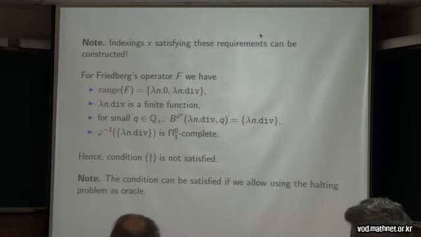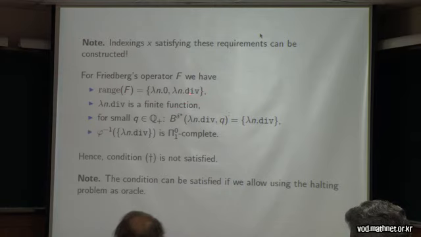Friedberg's operator is such that the range is only these two functions, either the function which is always 0 or the function which is nowhere defined, that means the graph is the empty set.